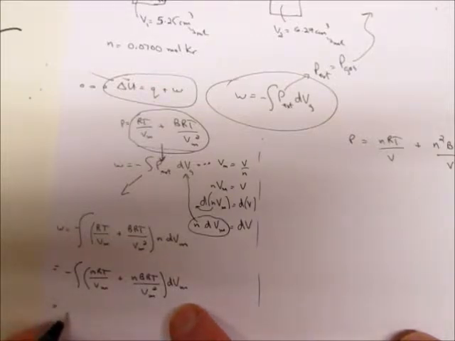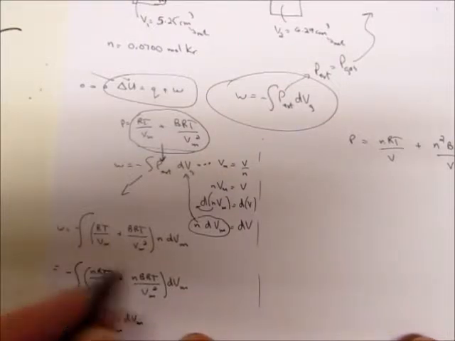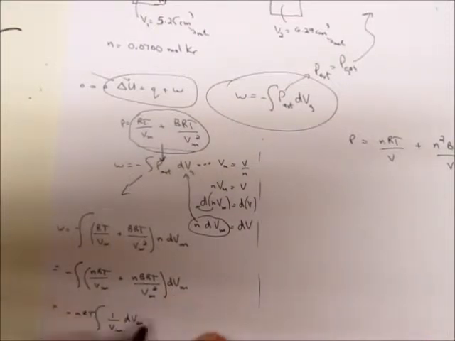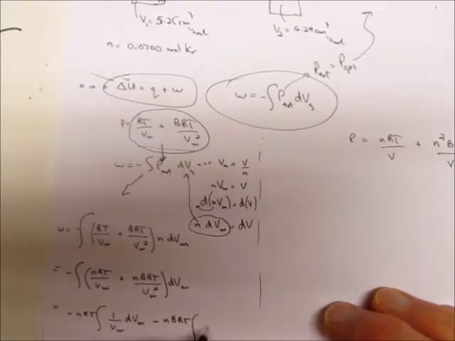The first term would be minus nRT integral 1 over Vm dVm. The second term, and that negative will go with it, right? nBRT, and you're going to integrate 1 over Vm squared dVm.